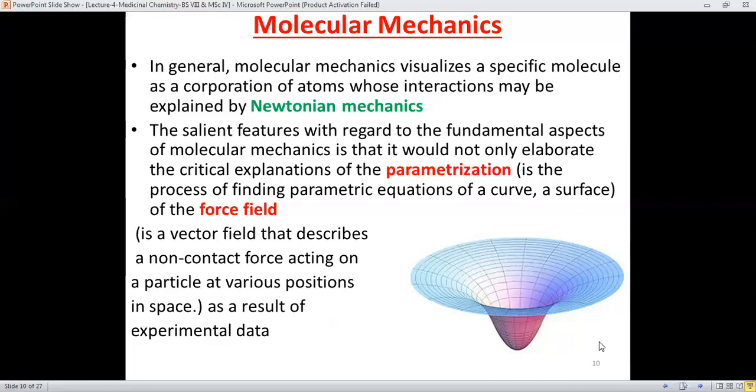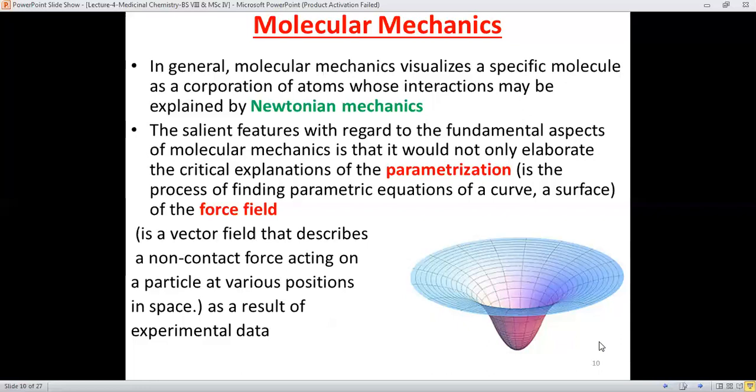A force field is that the molecule is a combination of atoms, and around this molecule there is a build-up of field. Field means like a magnetic field, like an electric field. It means that yes, these molecules or atoms are entities that can generate an electric field, they can generate a magnetic field.